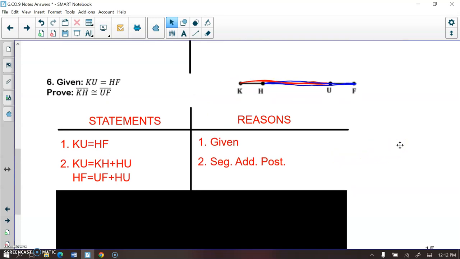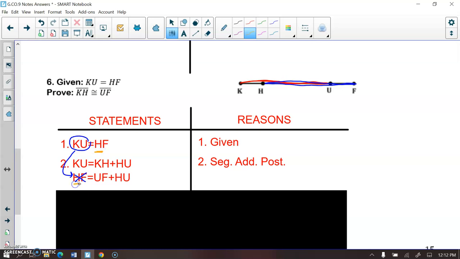Now looking at statement 1 to statement 2, if I know that KU is equal to HF, I can take KU and I can substitute it into HF in this bottom statement here. That would be looking at it from the perspective of substitution. Or you can look at it from the perspective of the transitive property.